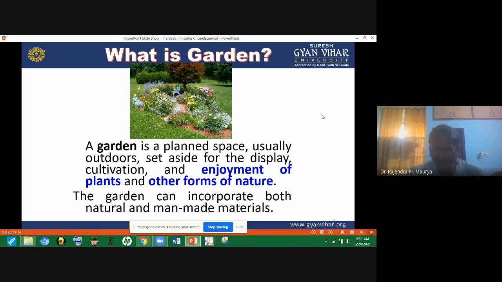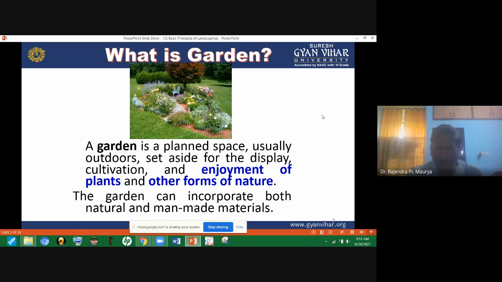The garden can incorporate both natural and man-made materials. So in garden designing, we incorporate both natural as well as man-made materials.